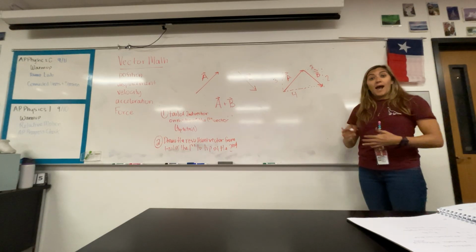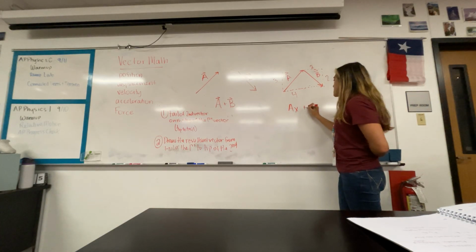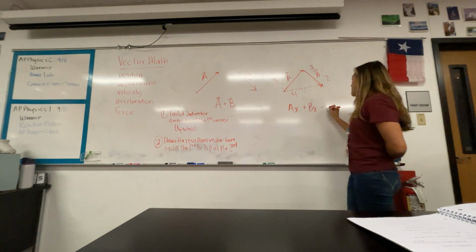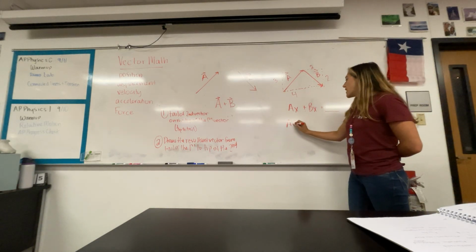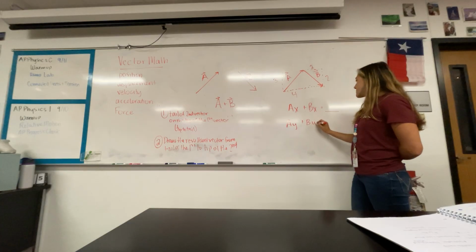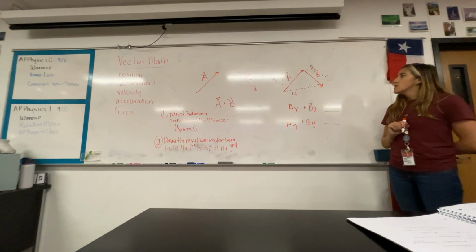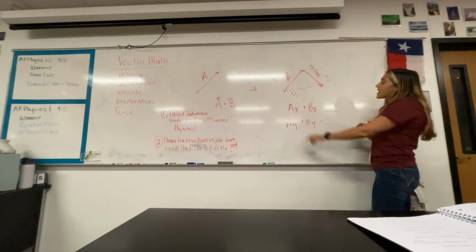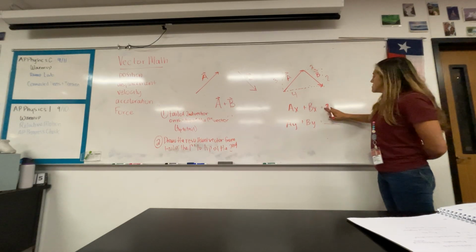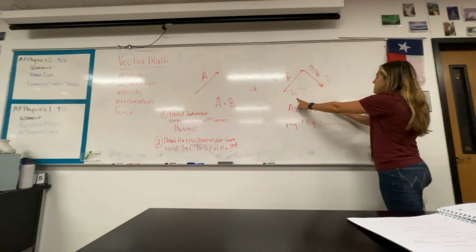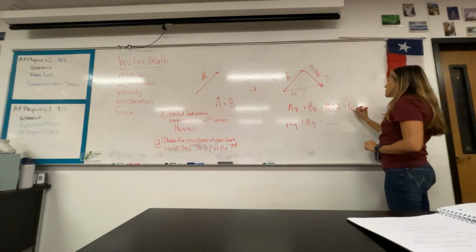Well, I just add the components. So AX plus BX, that'll be my X component of the total, and AY plus BY equals my Y component of the total. So in this case, AX is 4. It's this component 4. BX is 2, so my total would be 6.